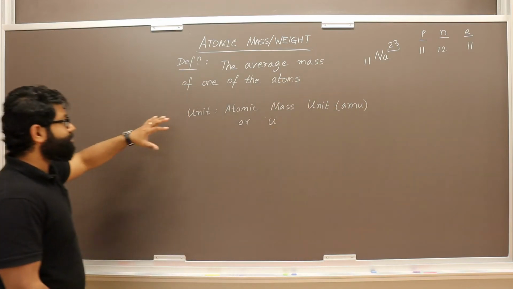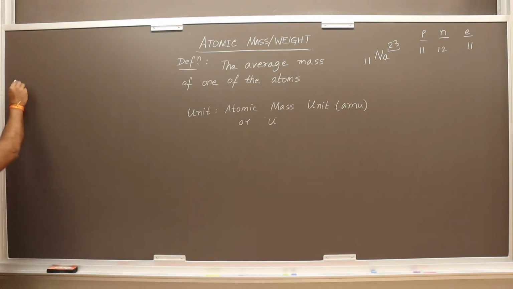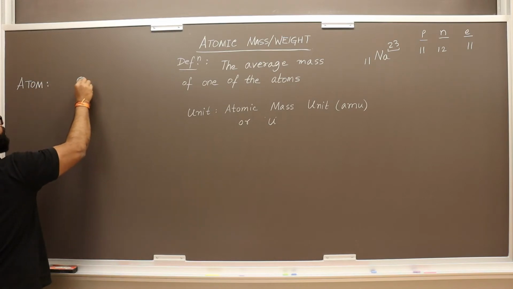Okay, so simply speaking, what should an atomic weight be? What is the atom made up of? An atom has a nucleus and it has the electron cloud.